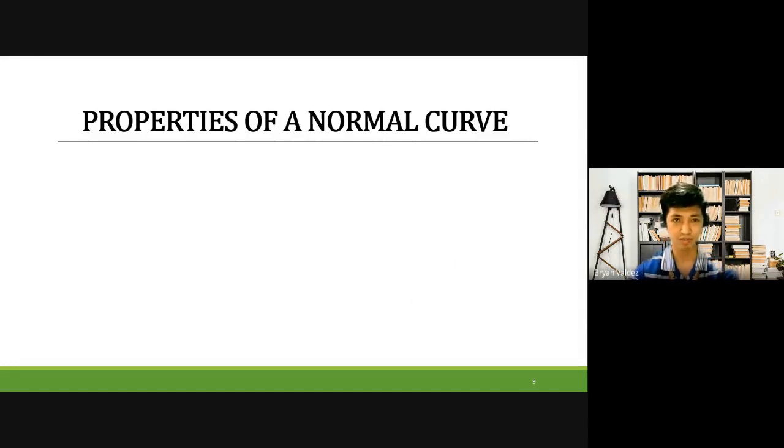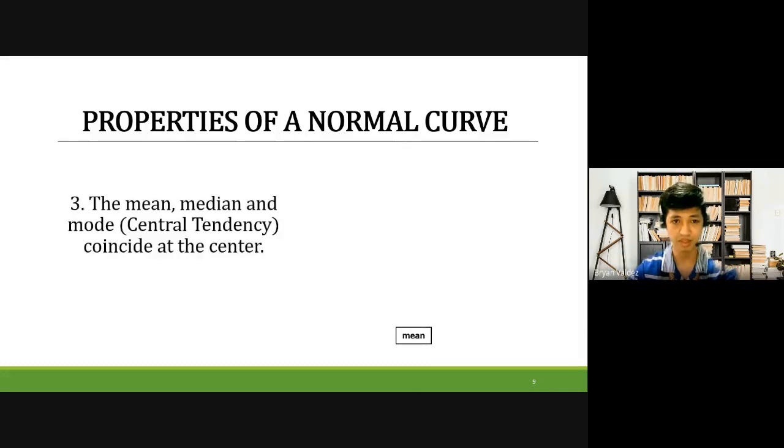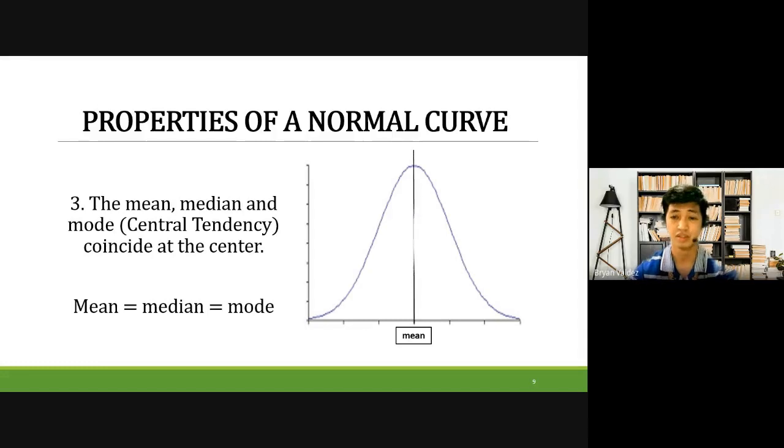The third property of a normal curve is that the mean, median, and mode, or considered as the central tendency, coincide at the center. So the mean, the median, and the mode should be equal to each other in a normal curve. Okay?